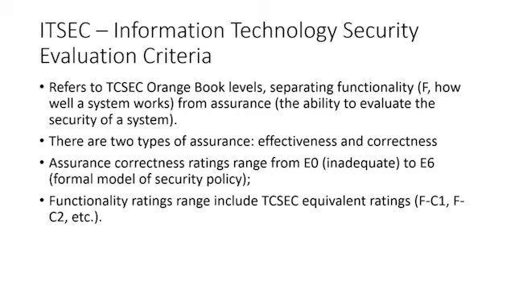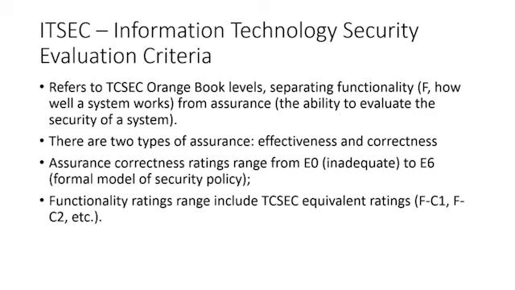Also, ITSEC, the Information Technology Security Evaluation Criteria. Now, this refers to the Orange Book levels. All right, so they've kind of taken what we've put together and pulled this out a little bit, but it separates some functionality, like how well the systems are actually going to work together. And so it separates that from the assurance. Now, there's two types of assurance in ITSEC, effectiveness and correctness.